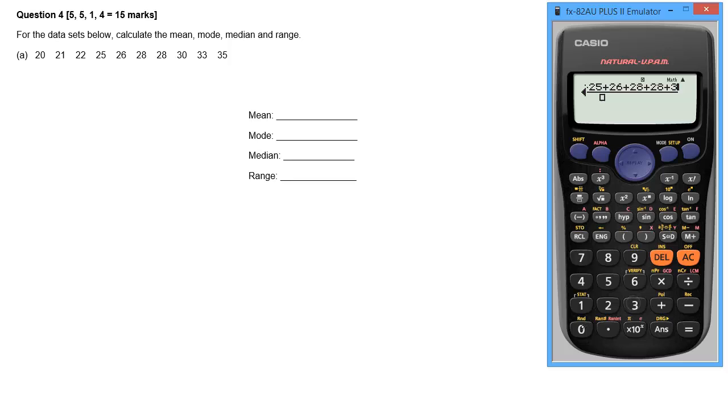Following that we have a 30, following that we have a 33, and at the very end we've got a 35. 1, 2, 3, 4, 5, 6, 7, 8, 9, 10 pieces of data, and that gives us 26.8.